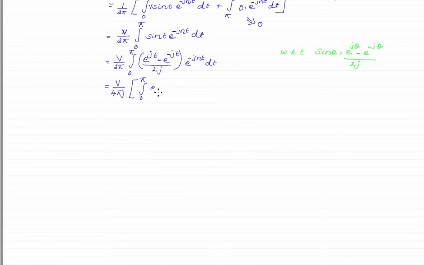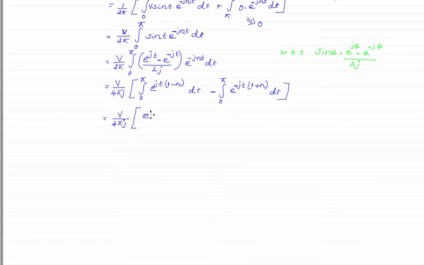Similarly, we are going to combine e power minus jt and e power minus jnt, which is equal to e power minus jt into 1 plus n. Now we are going to integrate the first term and the second term with respect to t.